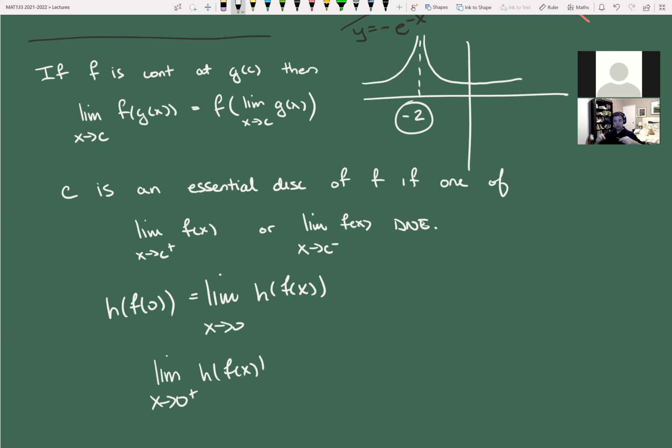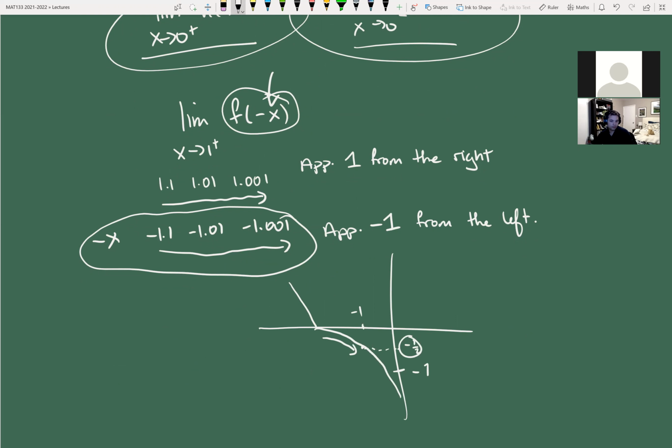The f of x in the problem looks like this, and here's -1. As I'm approaching from the left, it's whatever this value is, which to me looks like -0.5. Is that okay?